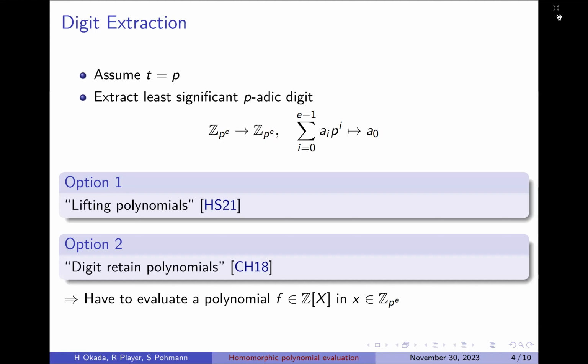Every value in Z modulo p to the e can be written in a unique way as a p-adic sum, the sum over a_i times p to the i, where the a_i are either from 0 to p minus 1, or alternatively balanced from minus p half to p half. We now consider the function that maps such an element of Z modulo p to the e to its lowest significant p-adic digit, so a0.